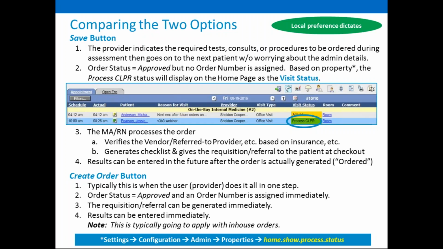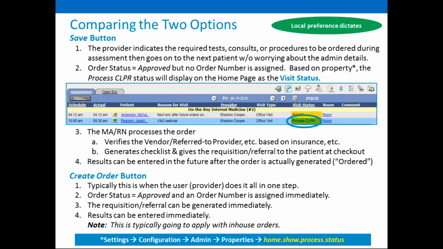From arrived or with doctor, it'll say process C for consult, L for lab, R for radiology. So then the medical assistant or the nurse, whoever is reviewing that home page, which remember auto refreshes every 60 seconds, she or he will know that that patient needs to have those tests done. And then go into that patient's chart and complete the order.